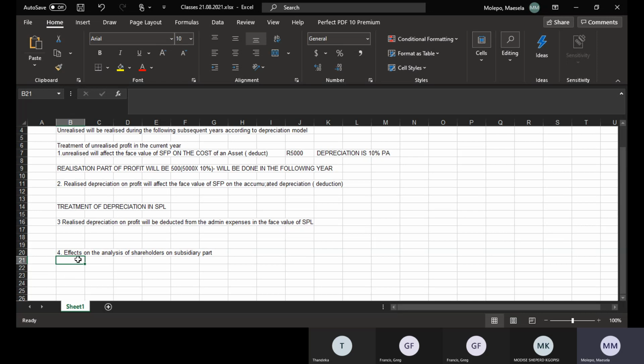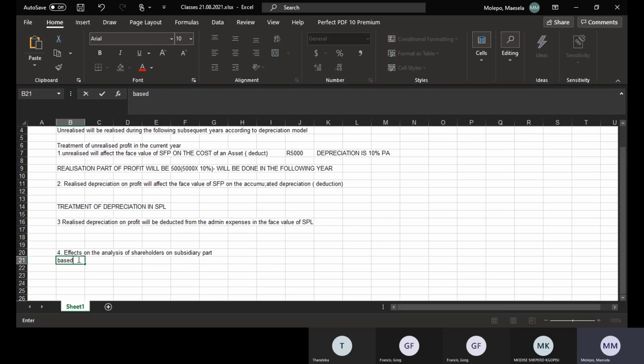So it will be like this on the analysis of shareholders based on either the current or since acquisition up to the beginning of the current year. That one, it will depend more on the date. So when we do one of the examples, you will see how this has an impact.